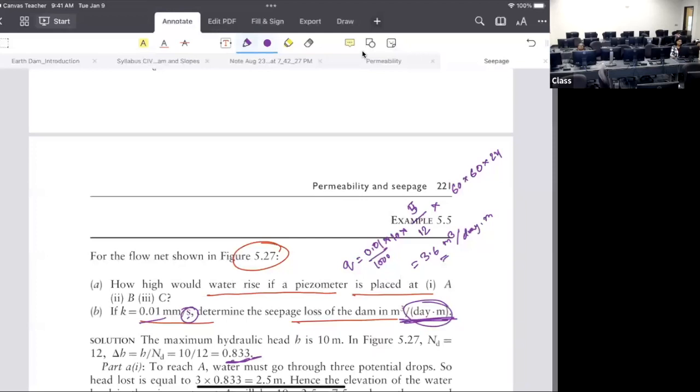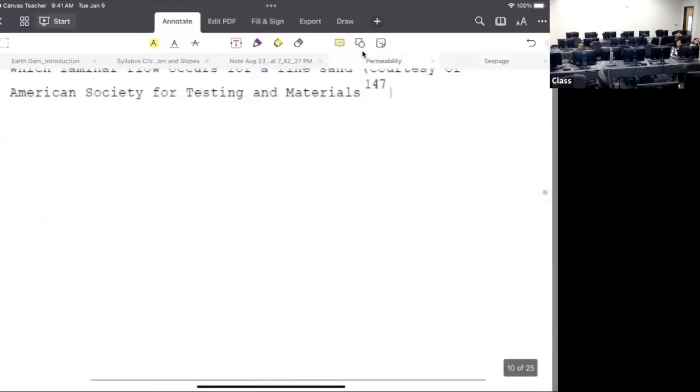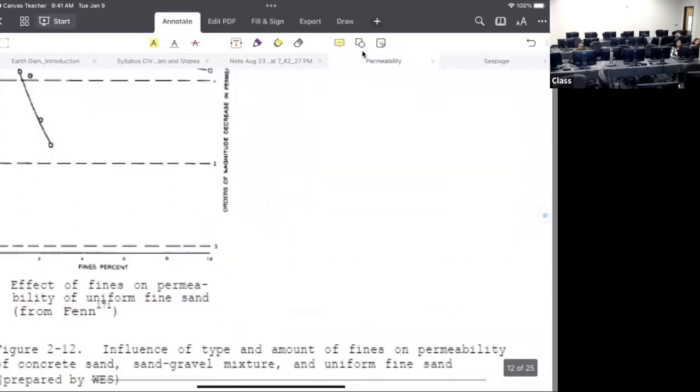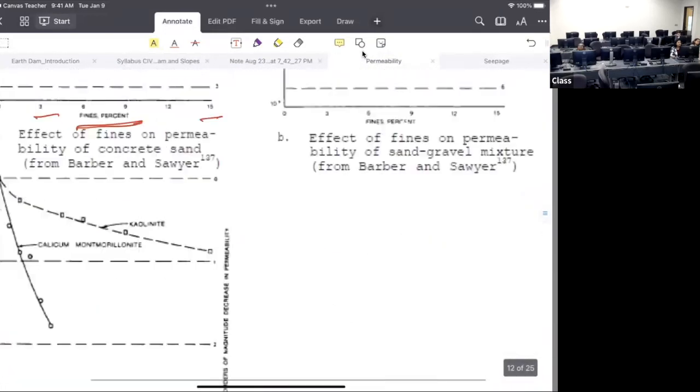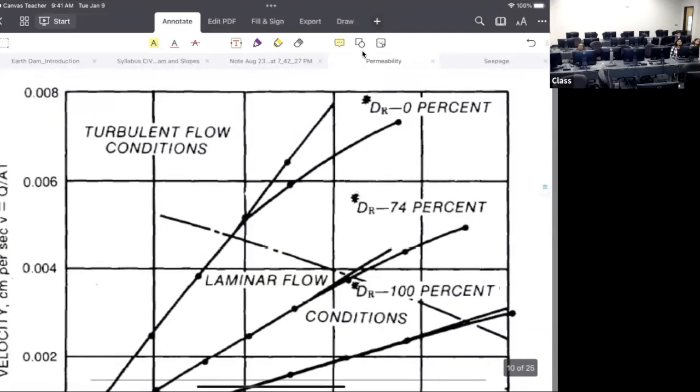The root should create an unsaturated zone. Right? Whenever we are in the unsaturated zone, does permeability go up or down? Permeability goes down.